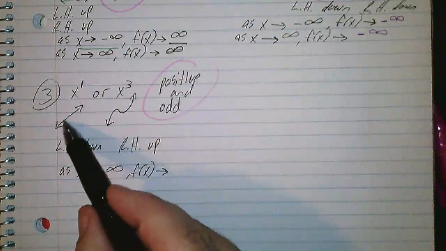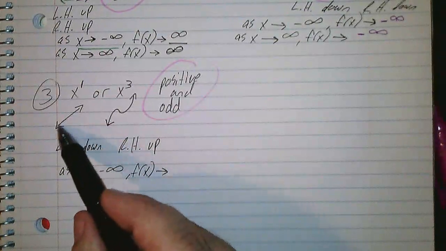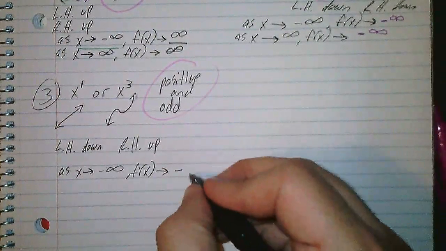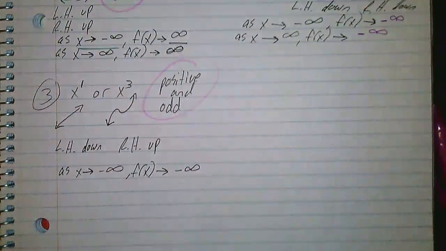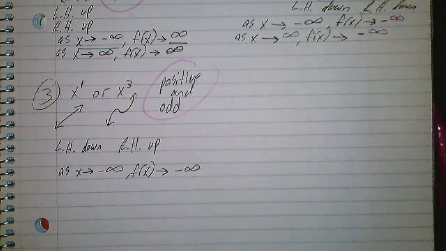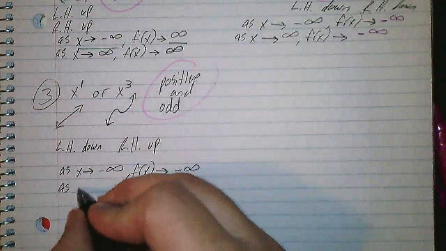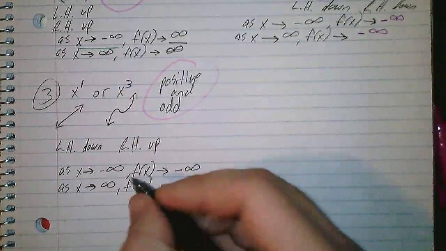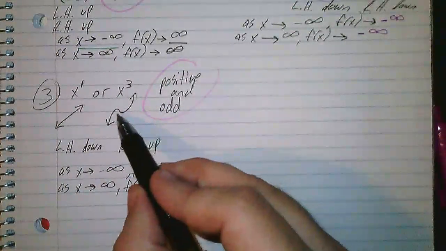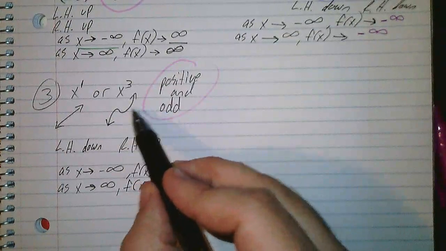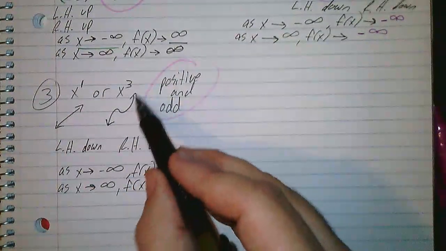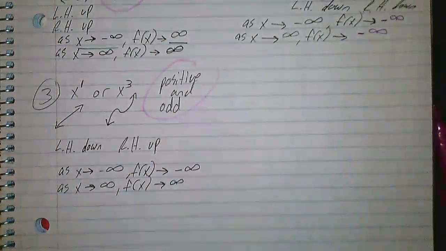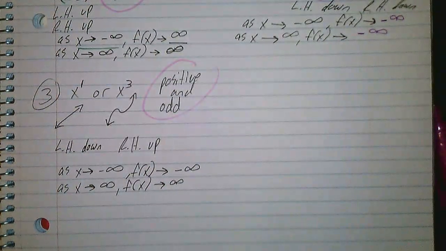So as we go down on the left-hand side, as x approaches negative infinity, the y value is also going down. As x approaches positive infinity, either of these graphs, as we move to the right, we see that the graph goes up. And if it's going up, then it's moving towards positive infinity.